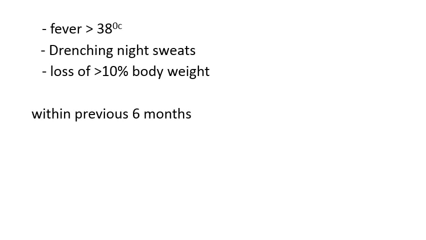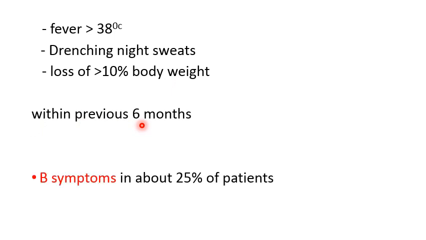If you have fever more than 38 degrees centigrade, drenching night sweats, or loss of weight more than 10% of body weight within the previous 6 months, these symptoms are called B symptoms. This is very important in the classification or staging of Hodgkin's lymphoma.